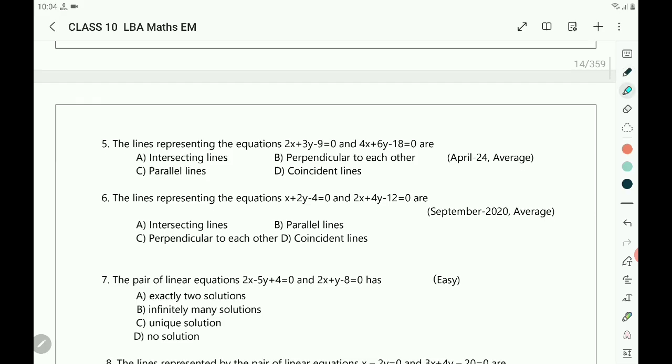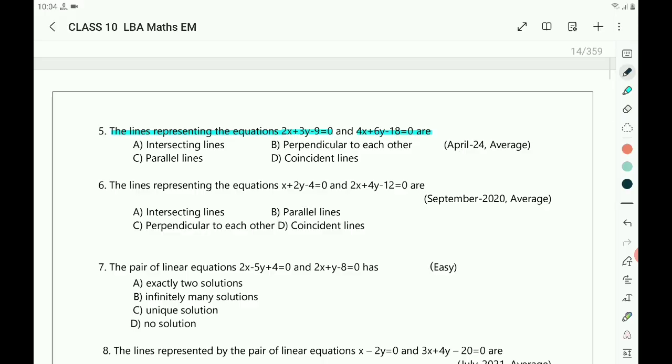Next, the lines representing the equations 2x + 3y - 9 = 0 and 4x + 6y - 18 = 0 are. Here it is about the lines, and we have to check whether they are intersecting, parallel, perpendicular, or coincident.